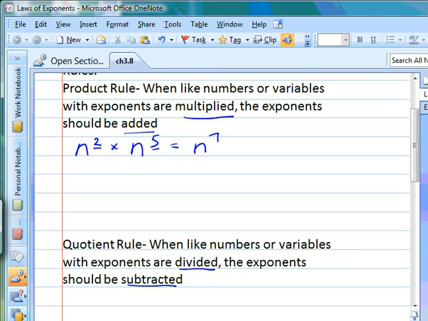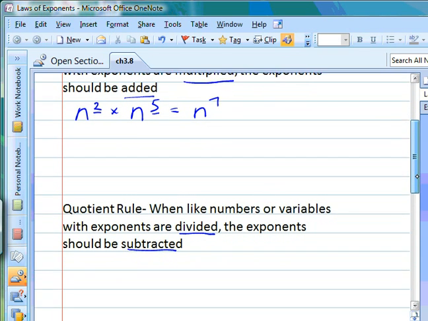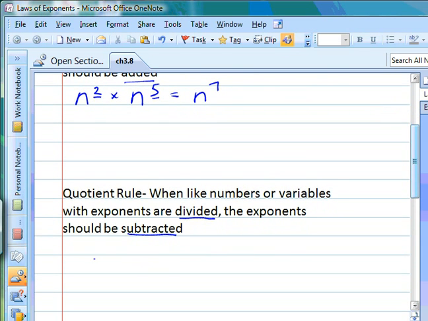So when we have like numbers or variables with exponents that are divided, the exponents get subtracted. So if we had n to the 5th power divided by n to the 1st power, we'd take our exponents 5 and 1 and subtract them and get n to the 4th power.